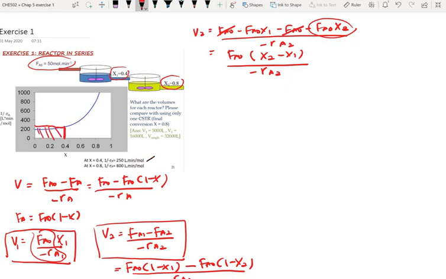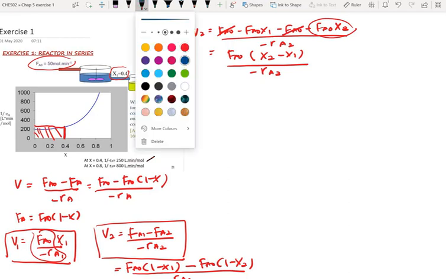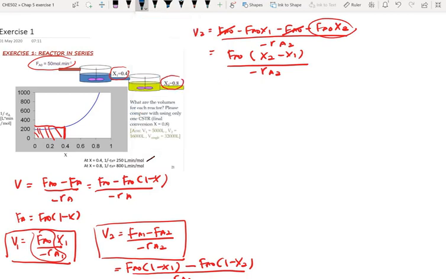Basically you need to find the volume of the box, and then you also have the second reactor from 0.8. So this is CSTR number 2, and this is number 1.